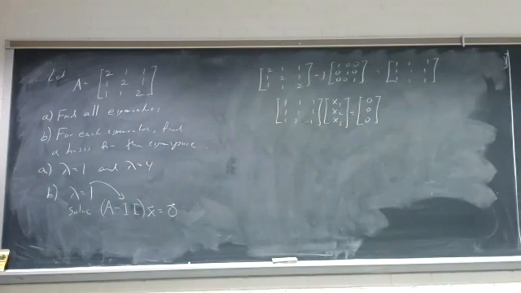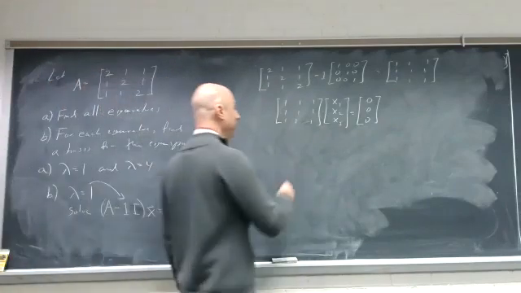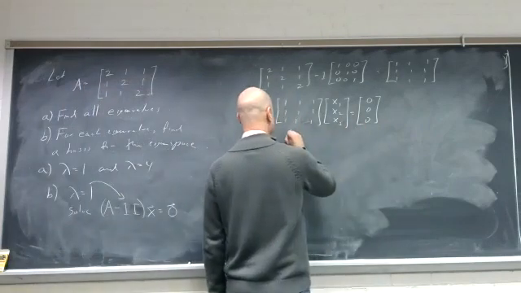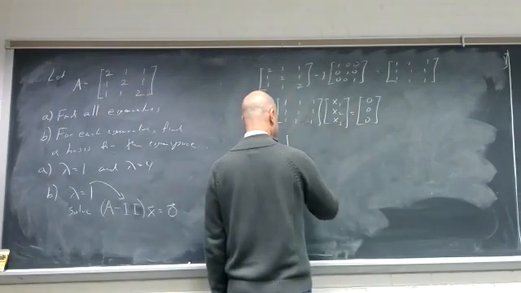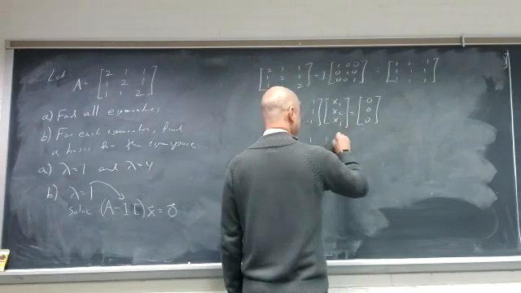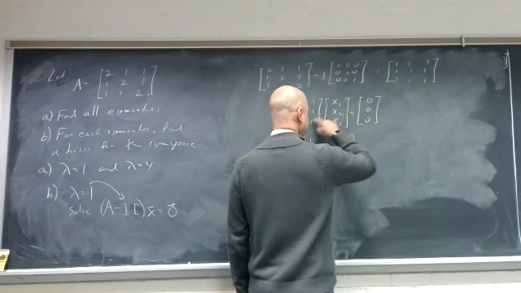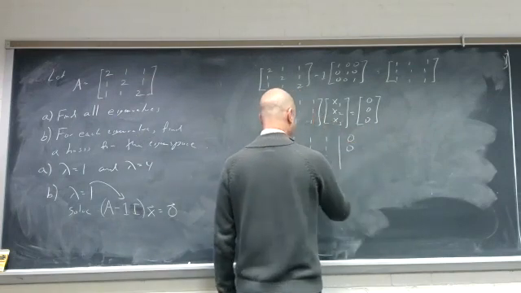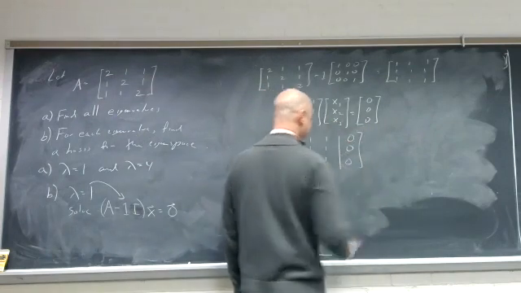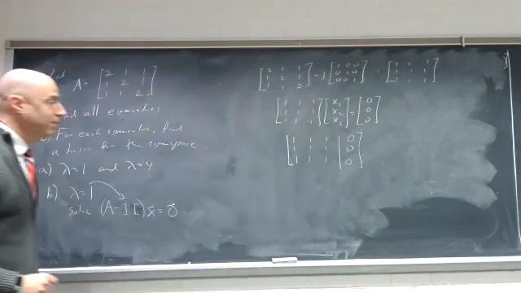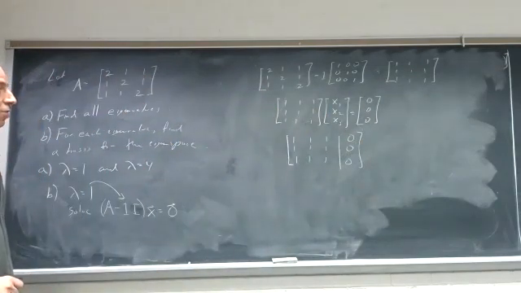And we know how to do that. We'll just write that as an augmented matrix, 1, 1, 1, vertical bar, 0, three times over. And let's row reduce that.